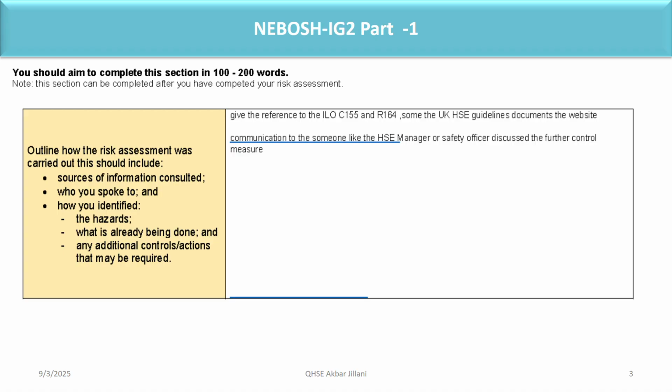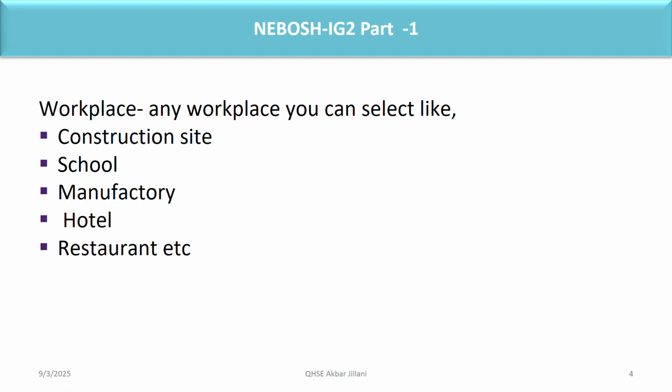Already the system is approved from the SRA, Sector Regulatory Authority, and audits are conducted, and OSH performance reports are quarterly submitted to the SRA. So you also can quote like this. So in this part, you have to complete 100 to 200 words.